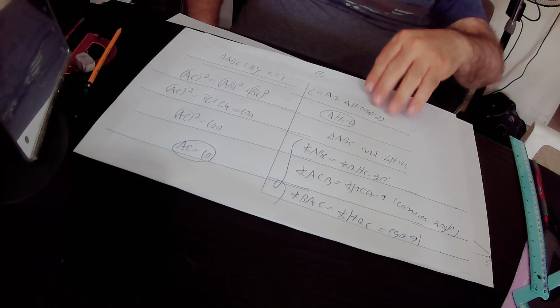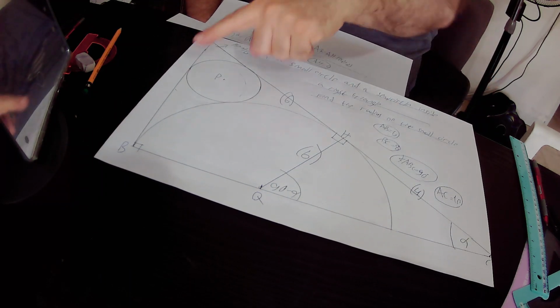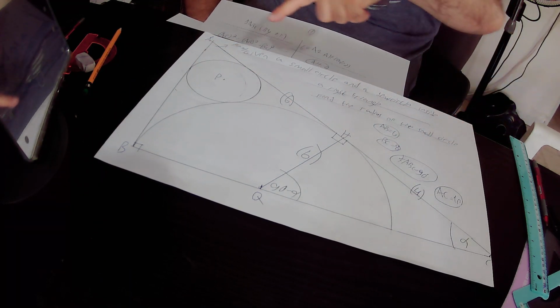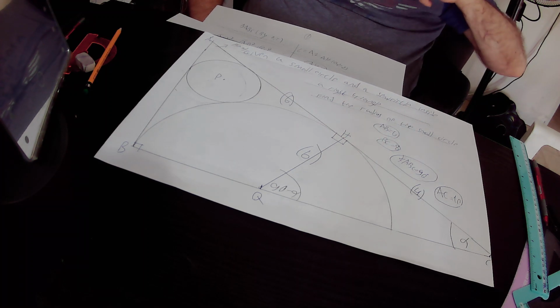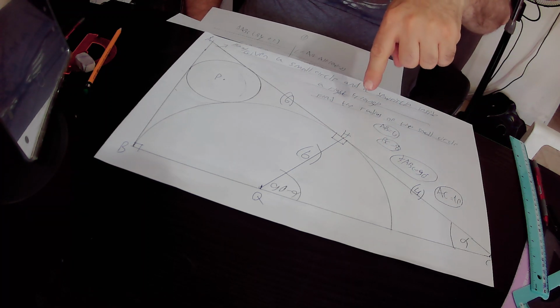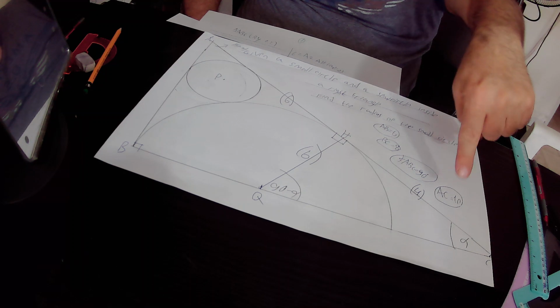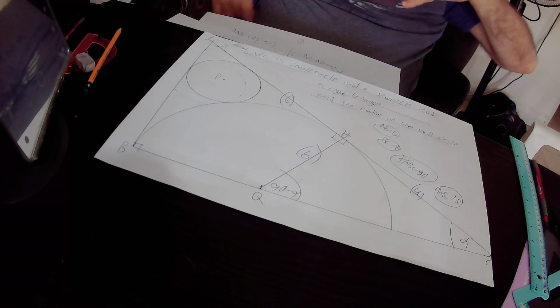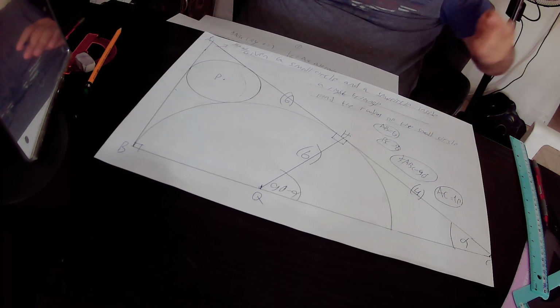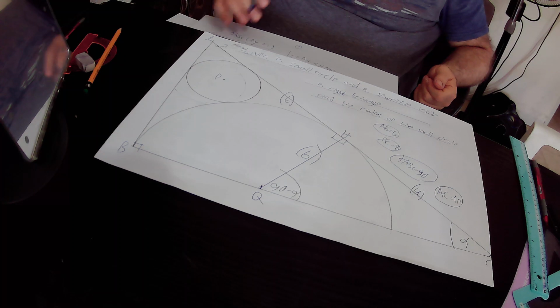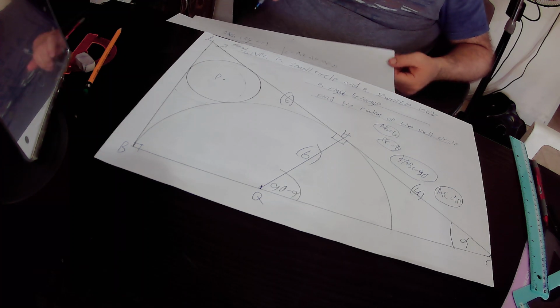So we actually proved that all the angles in the big right triangle ABC are correspondingly equal to all the angles in this small right triangle HQC, and therefore those two right triangles are similar to each other according to the angle similarity rule. So I write it down.